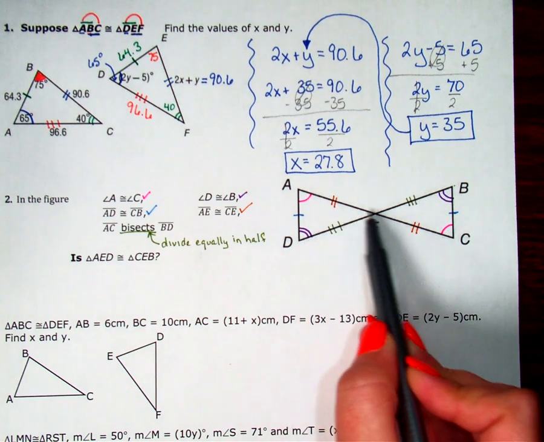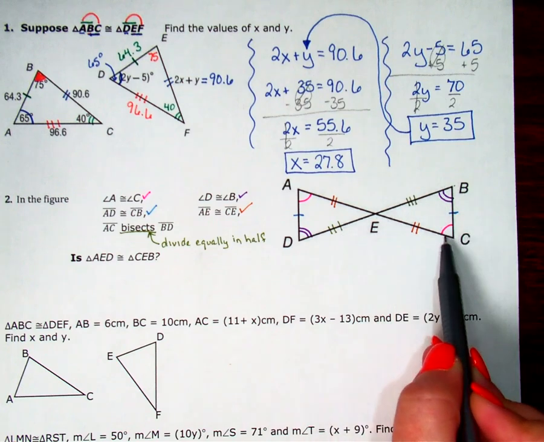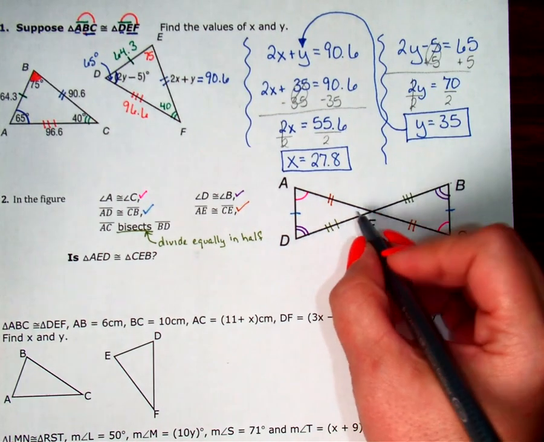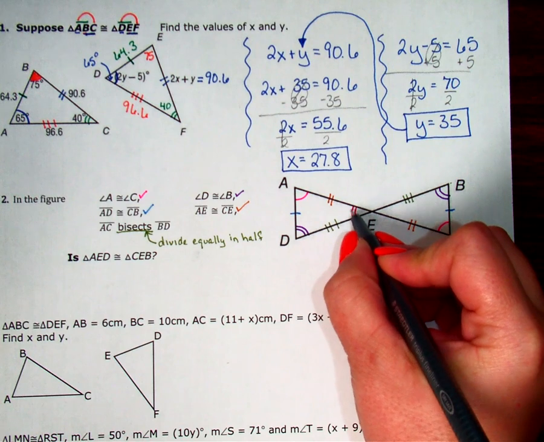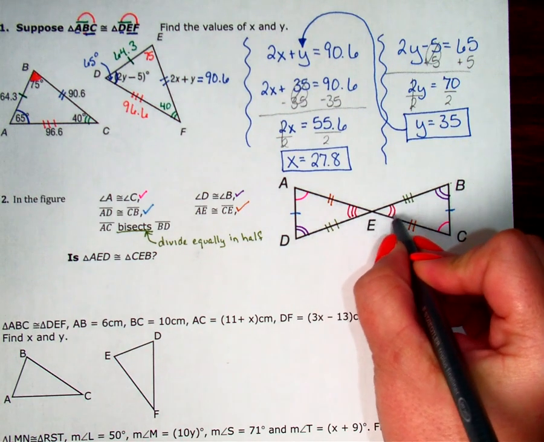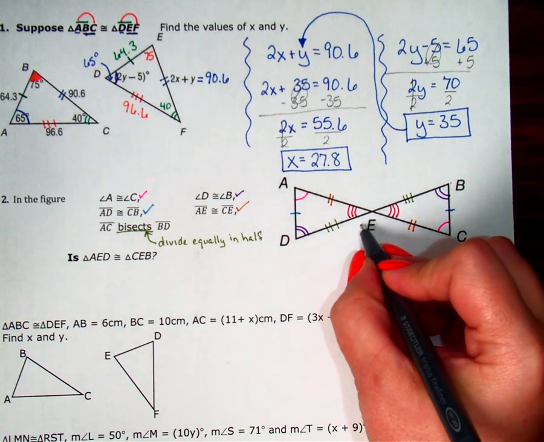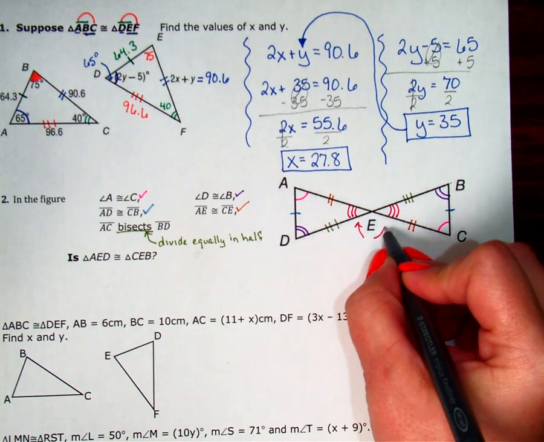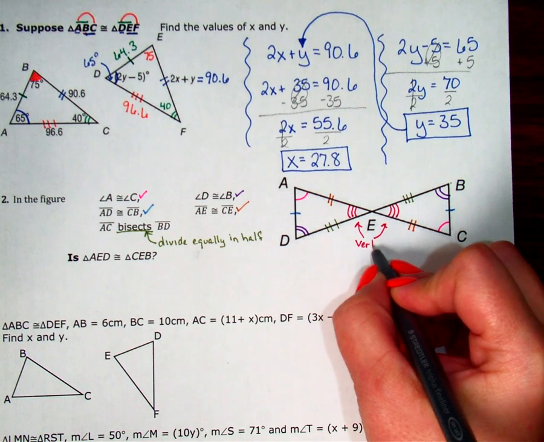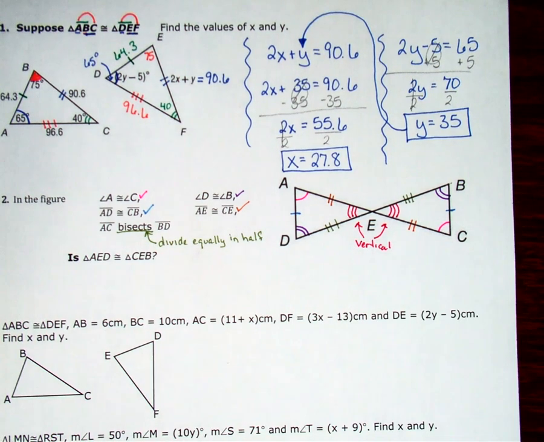And so then using the vertical angle theorem, I know that vertical angles are always congruent. So even though it's not here in my givens, because these are vertical, I can add that they are congruent because vertical angles are always congruent.